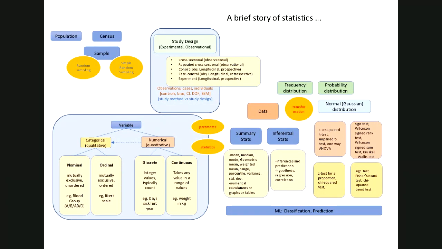Now the next step. We can do two kinds of treatment on the data. One is summary statistics, another is inferential statistics. Summary statistics give you numerical measures, for example mean, median, mode, standard deviation, the distribution.